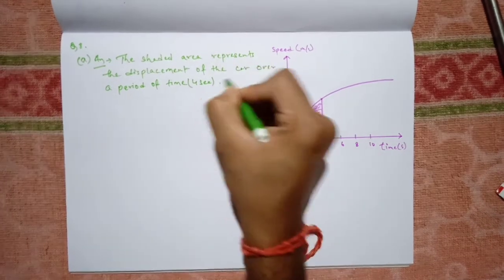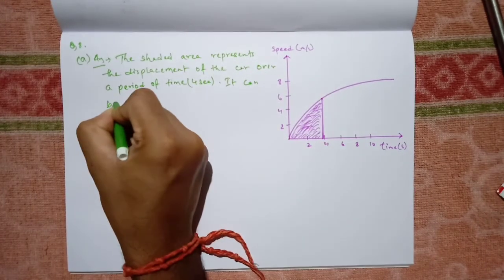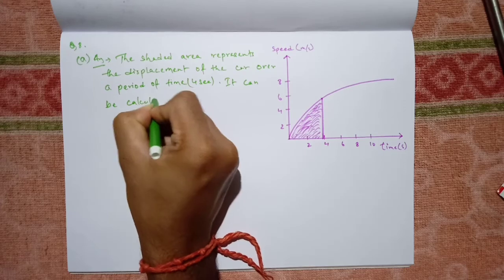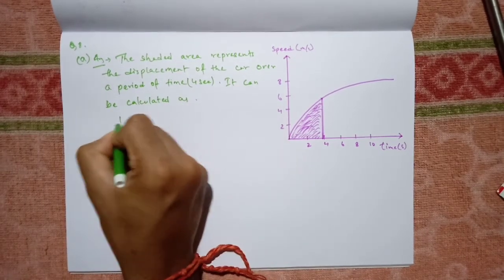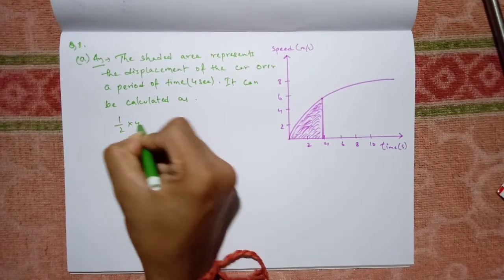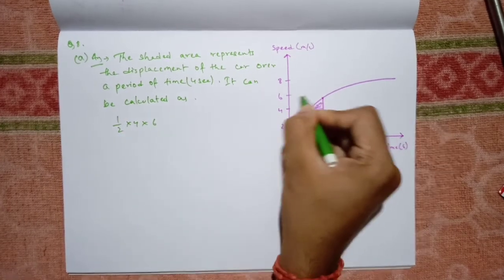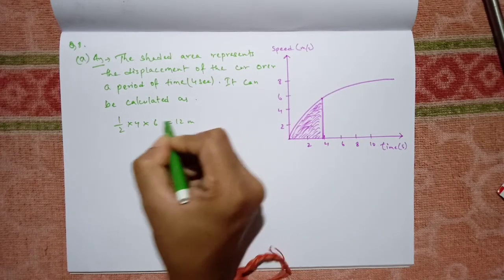Now it can be calculated as 1/2 base into height. What is base? Base is 4 and the height is 6. So it will be 12 meters.